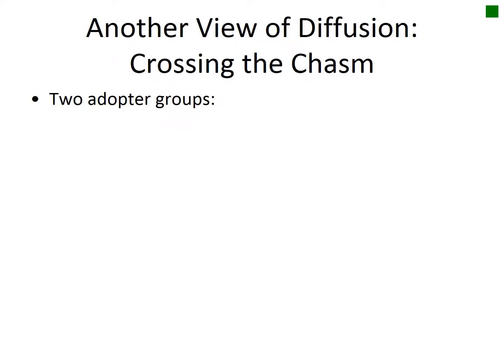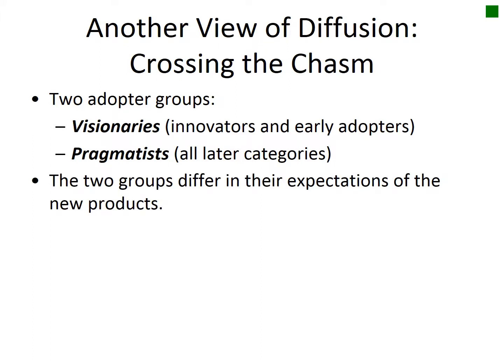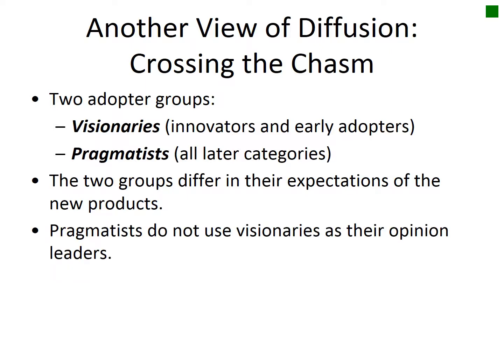So when we think about these two groups, visionaries and pragmatists, the innovators and early adopters, they clearly differ on how they view purchasing, how they view innovation, and how they view the product's role in their particular lifestyle.